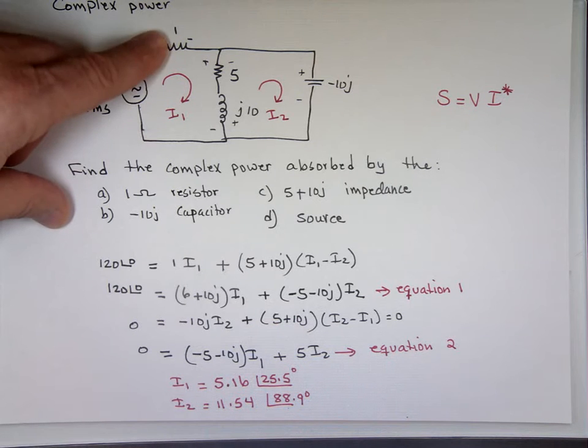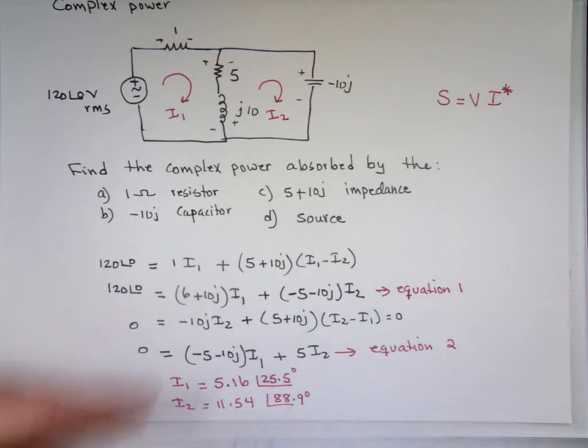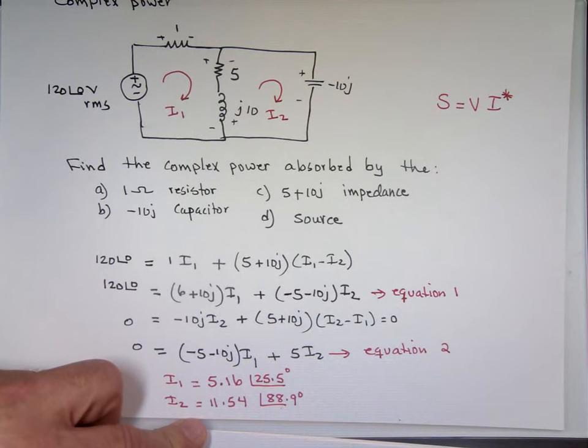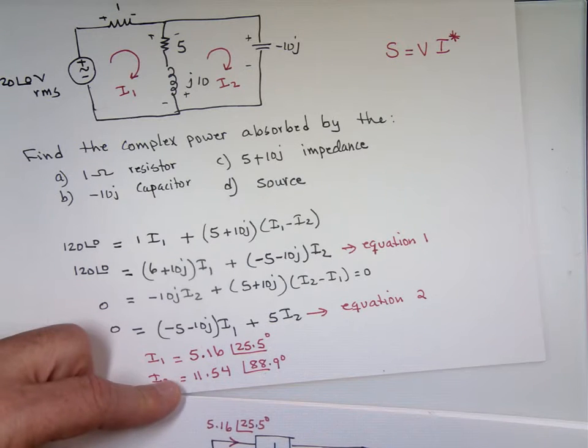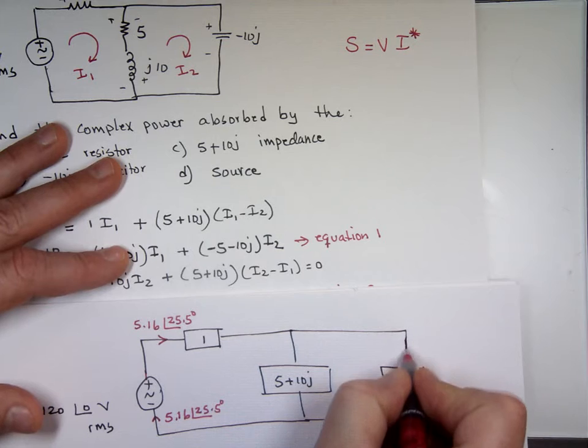So that current going that direction is what? 5.16 angle 25.5 degrees. That means the current coming up here is also 5.16 angle 25.5 degrees. It's the same branch. We know this current.